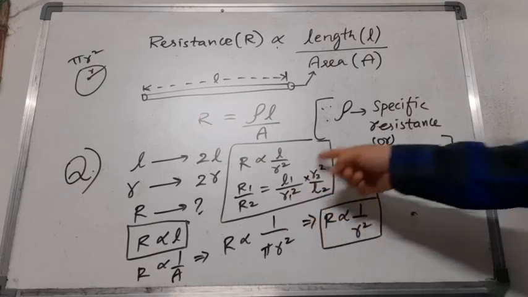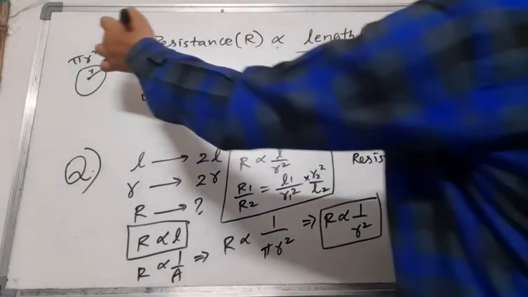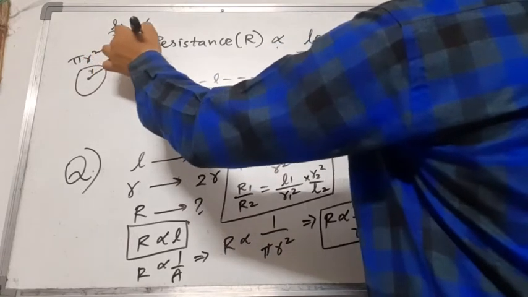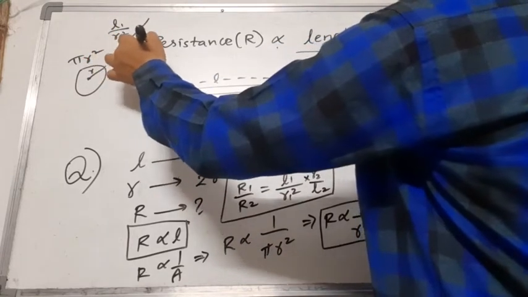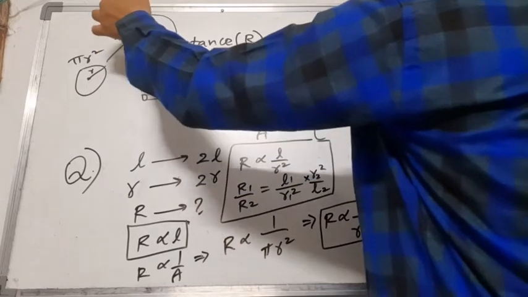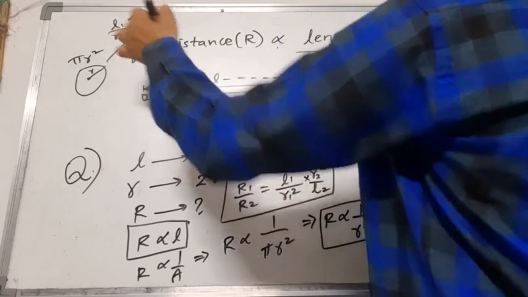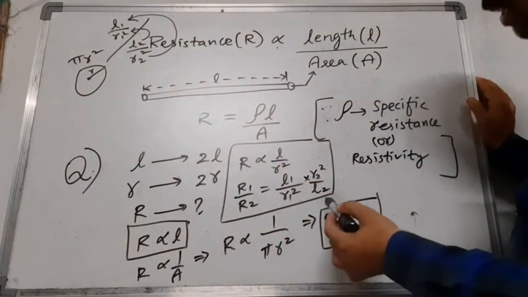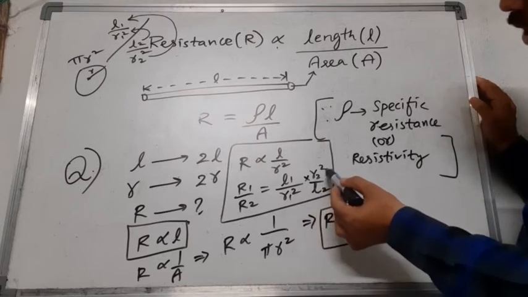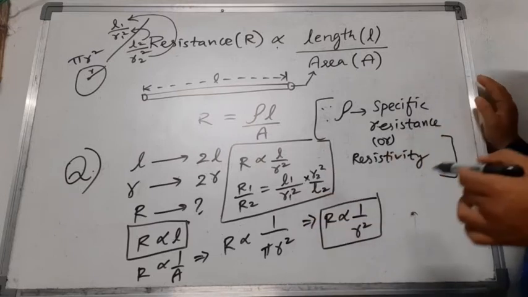This gets reciprocated: it goes to the numerator, it goes to the denominator. So you will get L1 by r1 square into r2 square by L2.